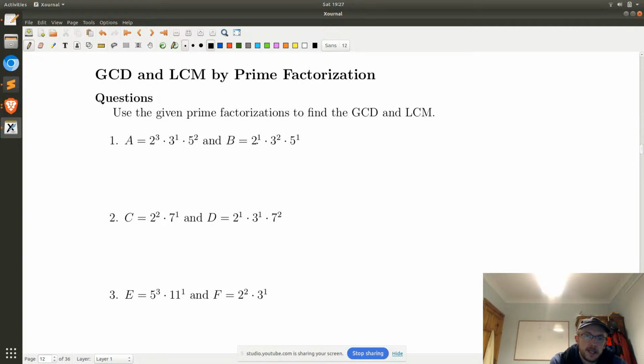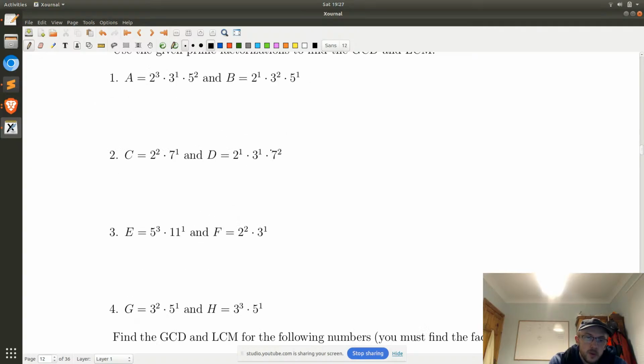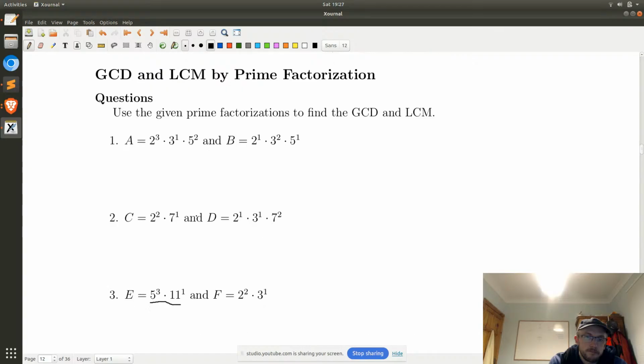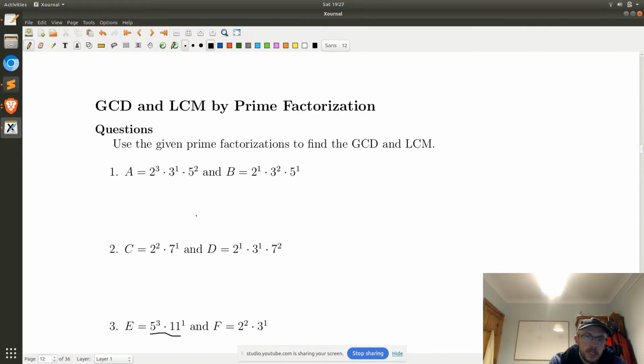We can see that B would be 2 times 9 times 5, which is 90. But you don't have to figure that out. And indeed, for something like this, it would be a bit of work. It is sufficient to have the numbers in their prime factorized forms.